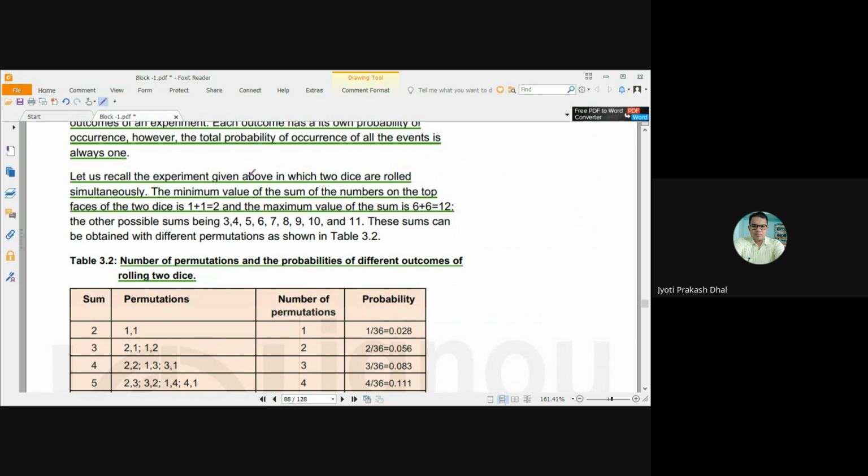So here in this experiment, two dice are rolled simultaneously. The minimum value of the sum of numbers on the top faces of the two dice is 1 plus 1, that is 2, and the maximum value of the sum is 6 plus 6, that is 12.